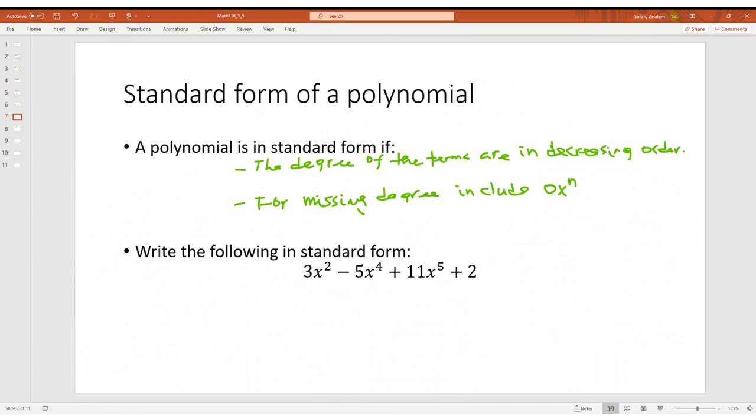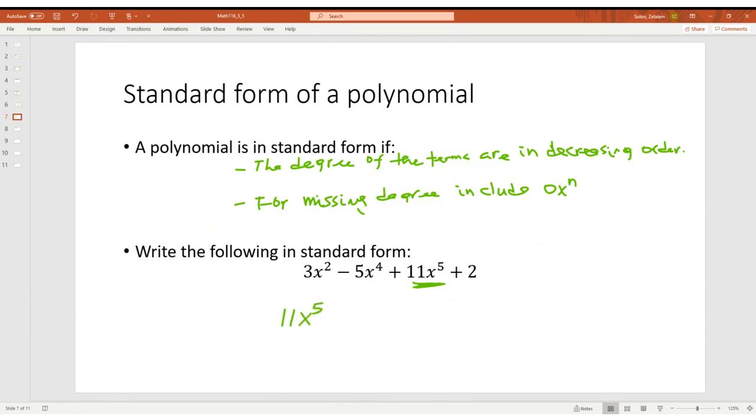Now, if you see this example, it says write the polynomial in standard form. The first thing you do is look at the polynomial and figure out the highest exponent. The highest exponent is x to the power of 5, so that would be the starting term, the leading term, 11 x to the power of 5.